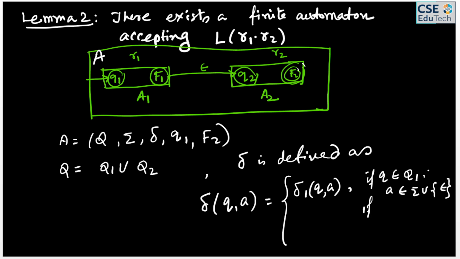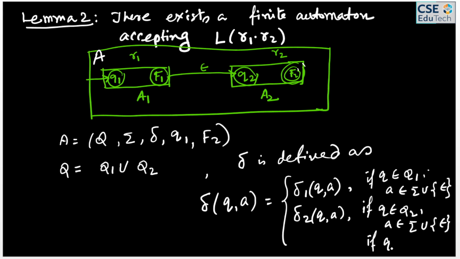In that scenario, this transition is equivalent to delta 1 of Q comma A. Now if Q belongs to Q2 and A belongs to sigma union epsilon, then obviously it will be the same: delta 2 of Q comma A. But what happens if Q belongs to F1, that means the state belongs to the final states of automaton A1, and your input A is epsilon?